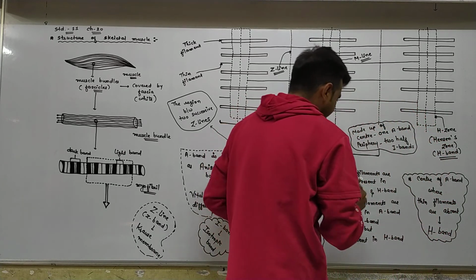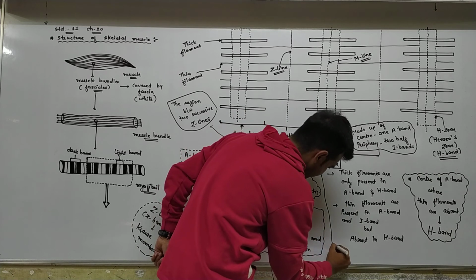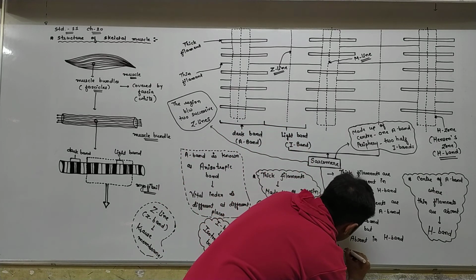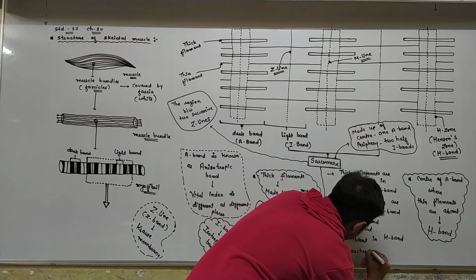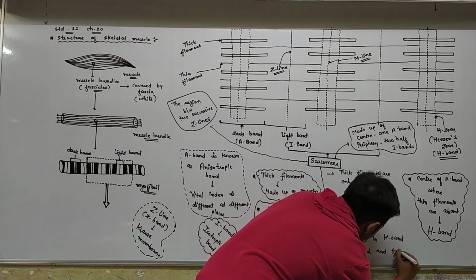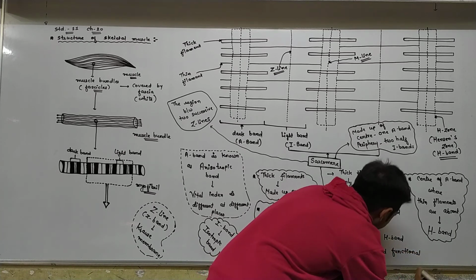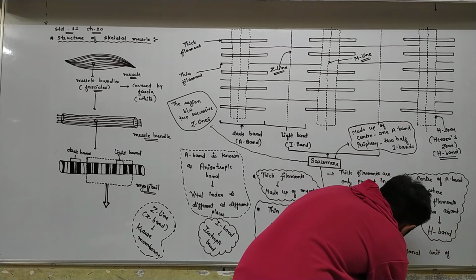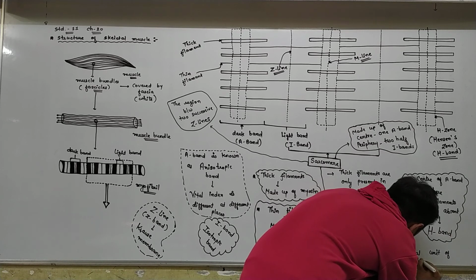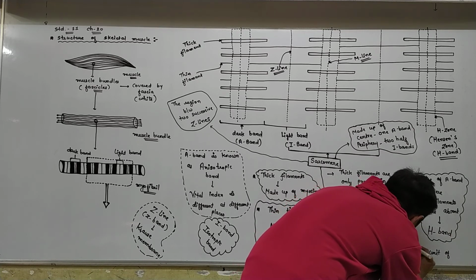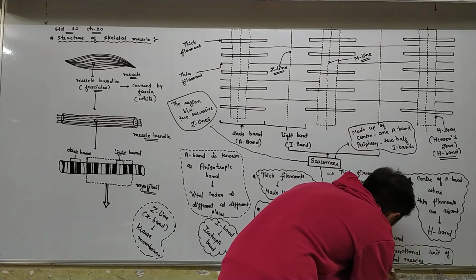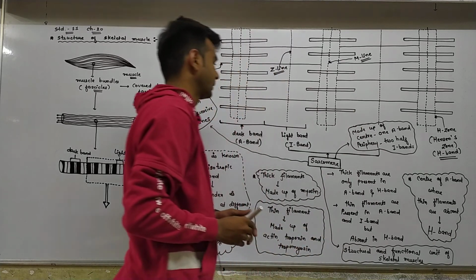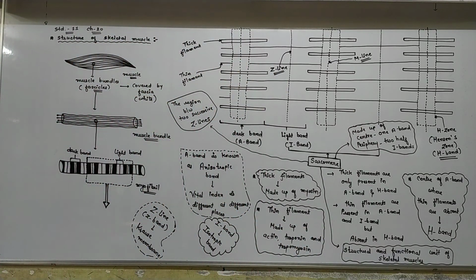And one more point: sarcomere is the structural and functional unit of the skeletal muscle.